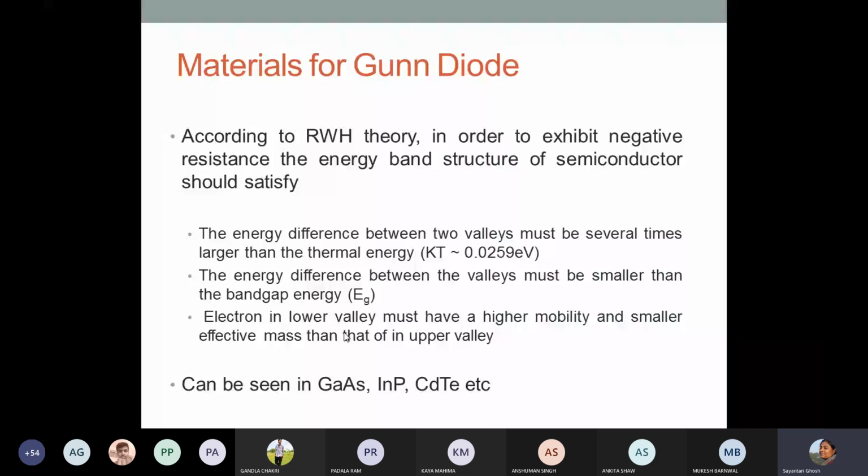These three conditions must hold if you want to make a Gunn diode with a material, and this can only be seen in materials like gallium arsenide. Okay, so this is the reason why we cannot make a Gunn diode using silicon or germanium, and we need materials like gallium arsenide or compound semiconductors to achieve this kind of a complicated band structure.